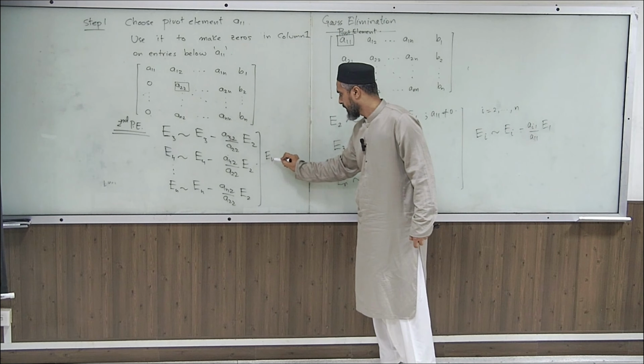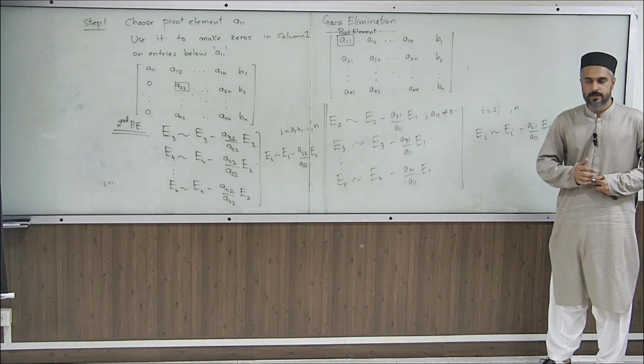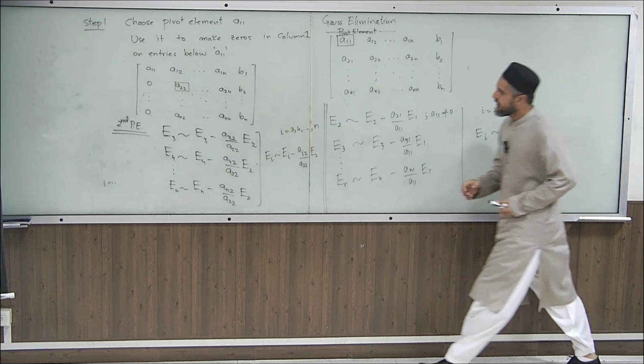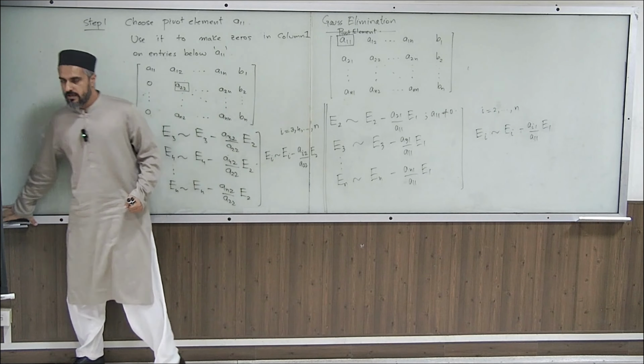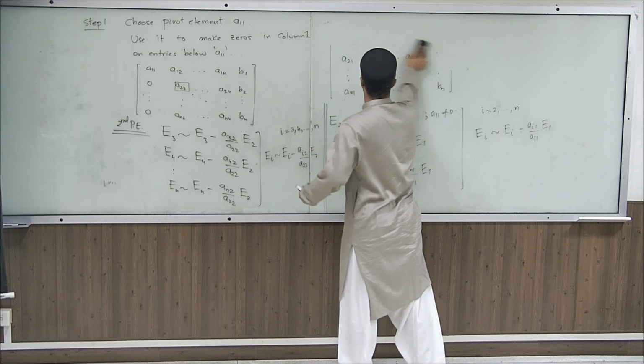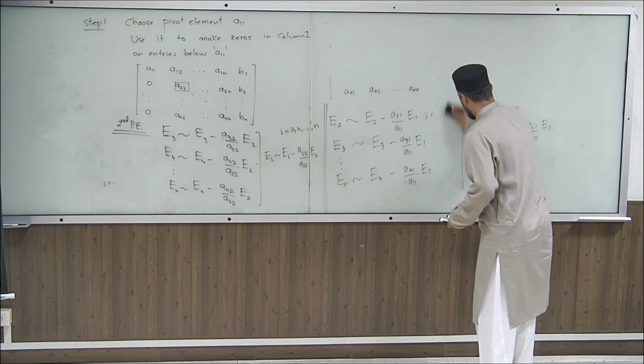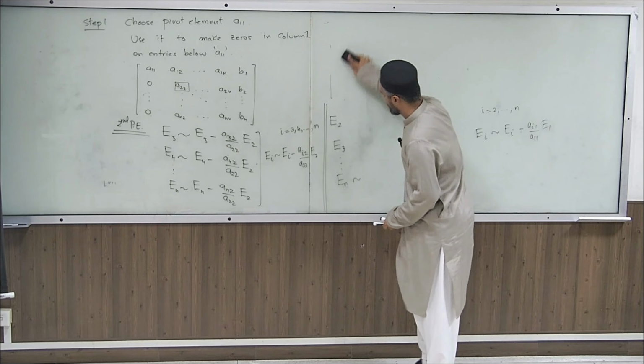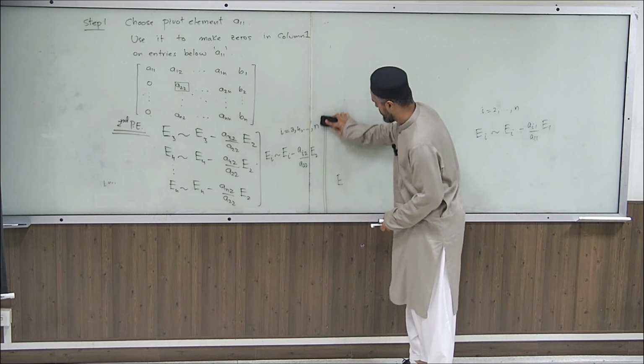Now the next pivot elements will be A33, A44, up till which point? Ann or An-1,n-1. I don't need this now because I have this; this is my first pivot element.